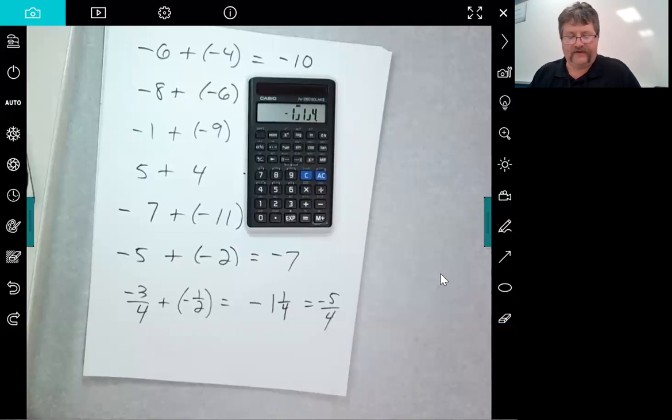All right, all good there? So that's adding numbers with the same sign.